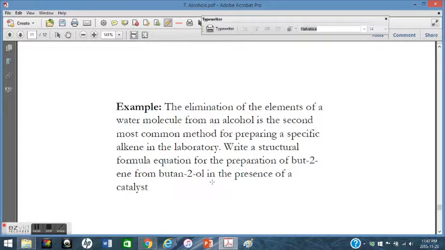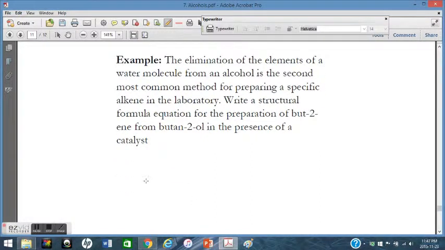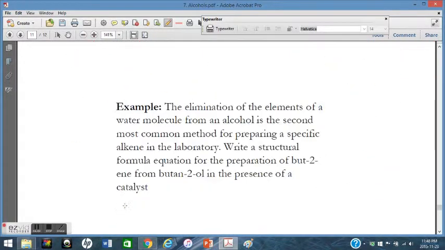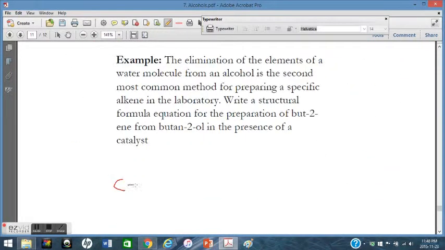Next one here: elimination of the elements of a water molecule from an alcohol is the second most common method of preparing a specific alkene in the lab. Write a structural formula for the preparation of but-2-ene from butan-2-ol in the presence of a catalyst. Alright, so very much the same. So we've got our OH here.